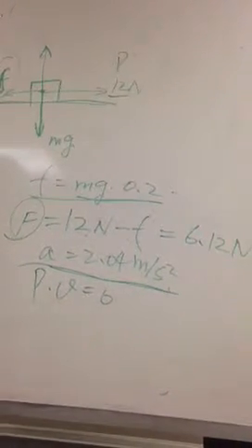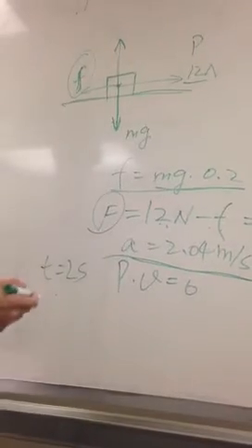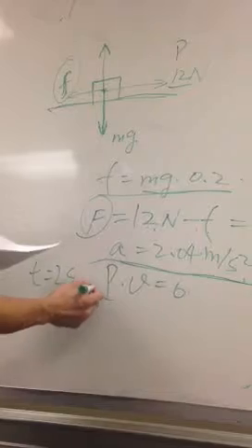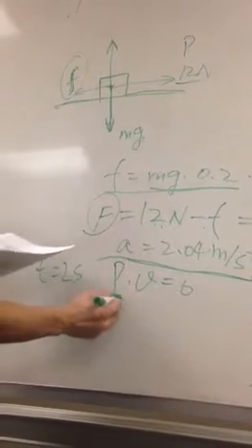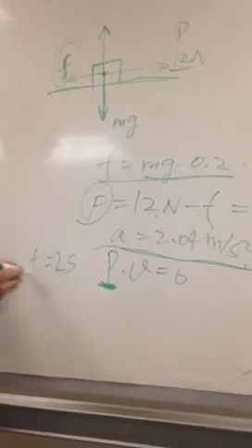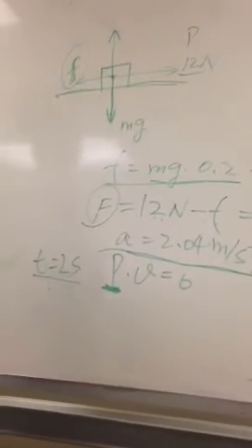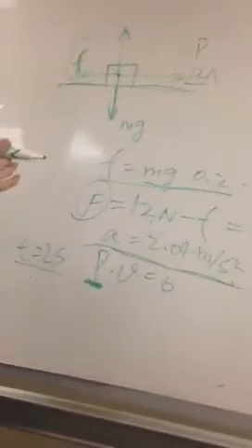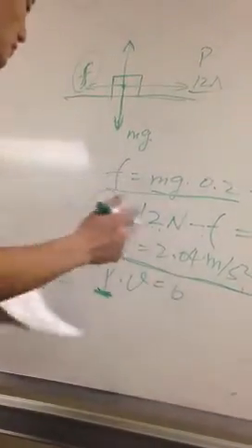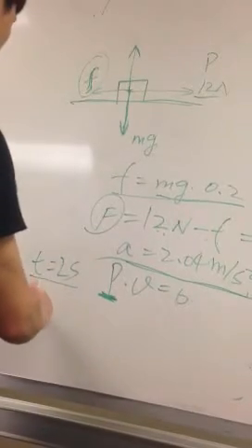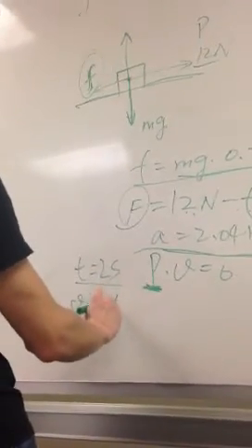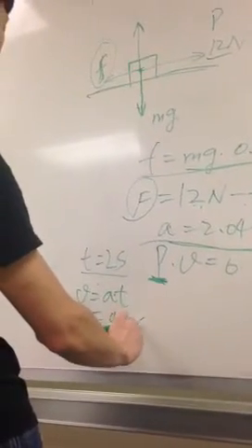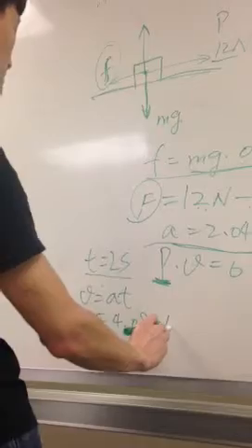Okay, and then you do the rate? Yeah. Because it's the work done by this P at t equal to 2 seconds. We know it starts from rest. At the beginning, the velocity was 0. So when t equal to 2 seconds, the velocity will be 4.08 meters per second.